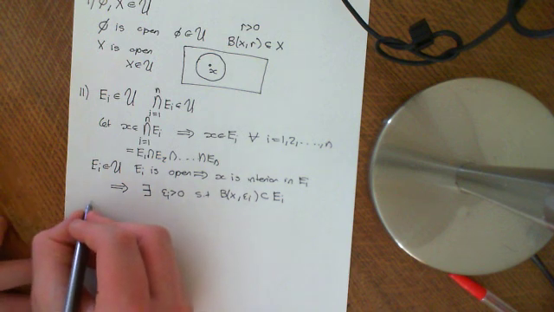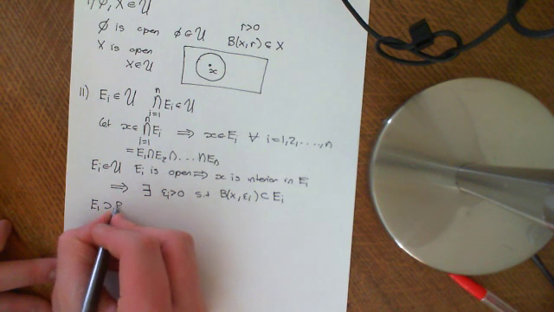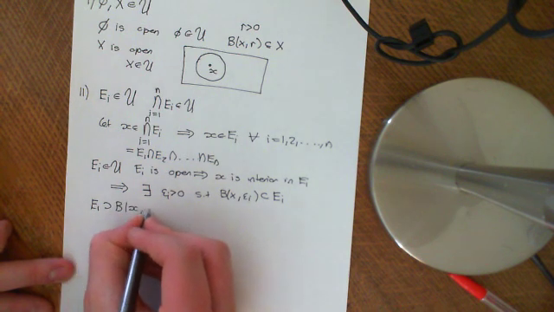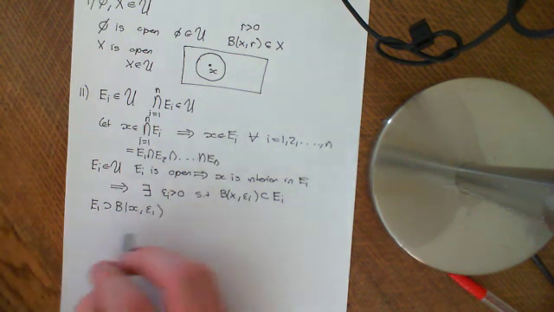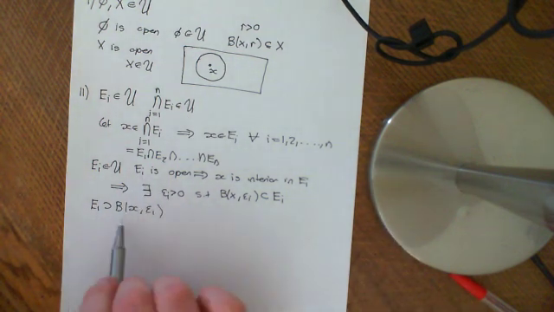So if I have the set E_1, I can find you an open ball around the point x of radius epsilon_1 which is completely contained in there. That's just the definition of saying that E_1 is open.